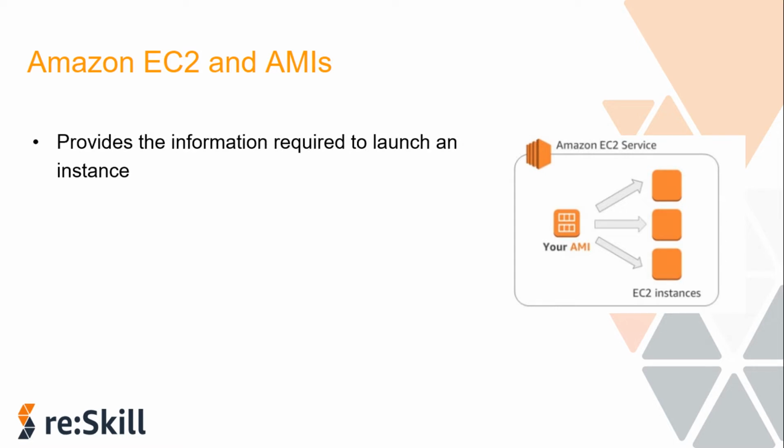You must specify a source AMI when you launch an EC2 instance, and you can launch multiple instances from a single AMI when you need multiple instances with the same configuration. You can also use different AMIs to launch different types of instances. For example, I might have one AMI to implement web server instances and another one to implement application server instances.